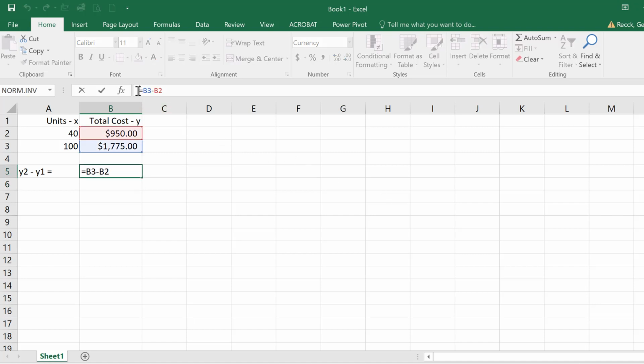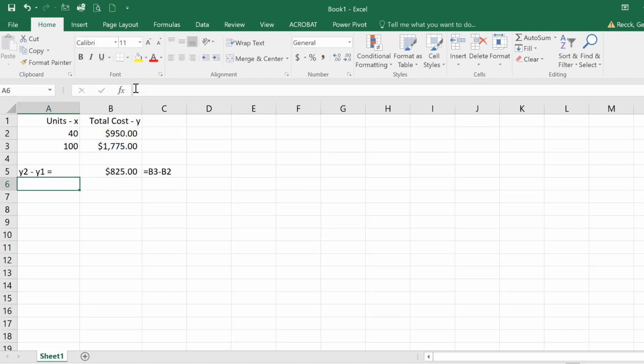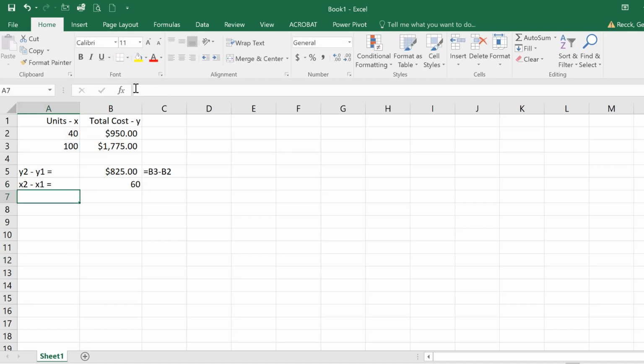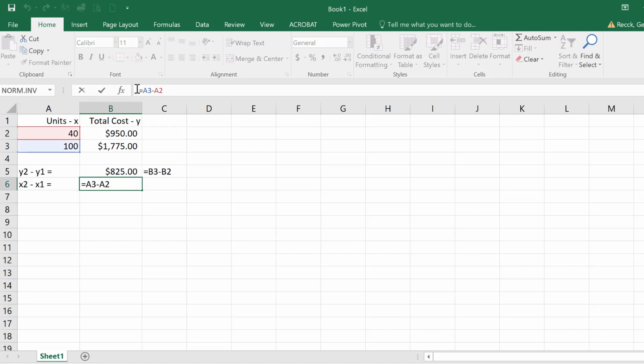Might as well be consistent and put my formulas in column C as I have been doing all along. And then x2 minus x1 is going to be the difference between A3 minus A2. Don't worry about the formatting.